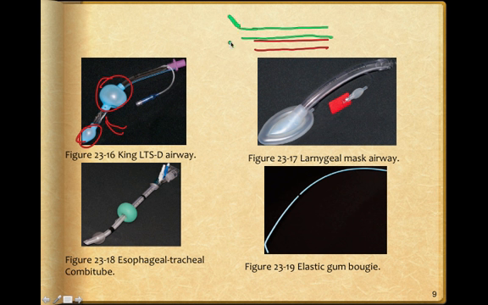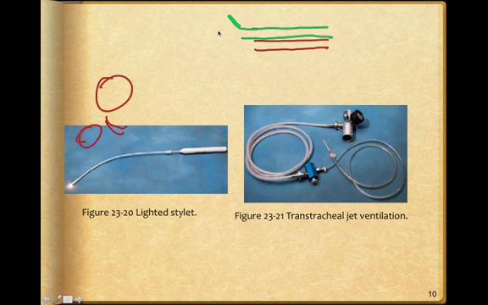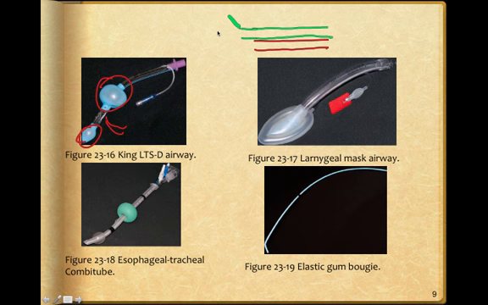Epiglottis. The LMA airway, essentially, let me back up one. The LMA airway essentially masks the glottic opening so that we have equal rise and fall.